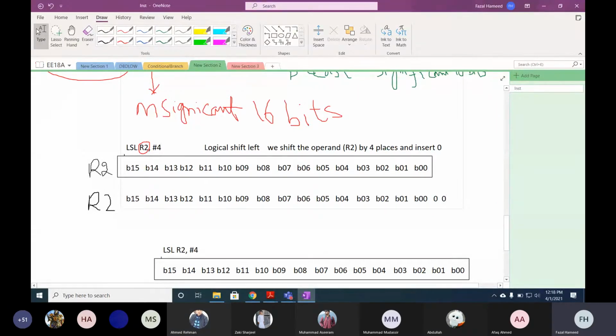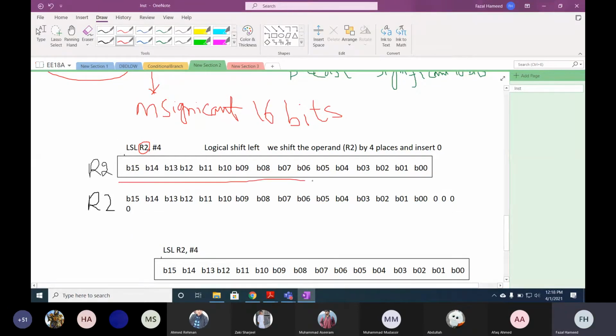The first 0 is inserted, the second 0 is inserted, the third 0 is inserted, and 4 zeros are inserted. What is the size of R2 now? Originally it was 16 bit.